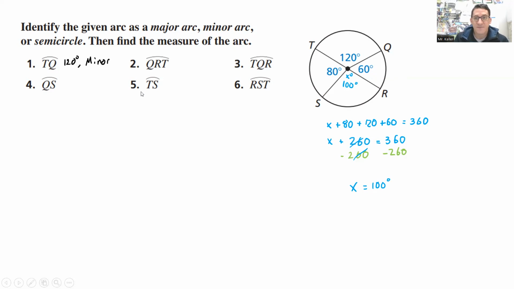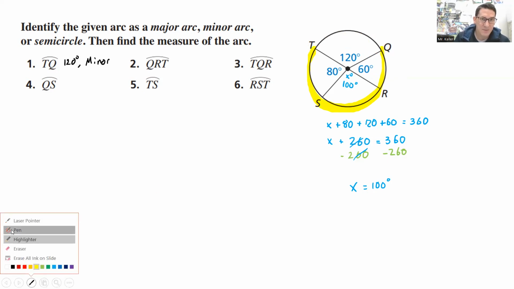So now let's figure out all this other stuff. I'm going to do some highlighting as we work through this. So QRT. To find QRT, you don't normally, you'd go the short distance, but we have to include R. So we start at Q, we go to R, and then we go all the way around to T. So it's that angle there.